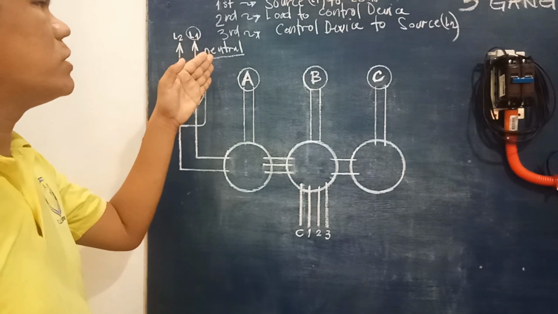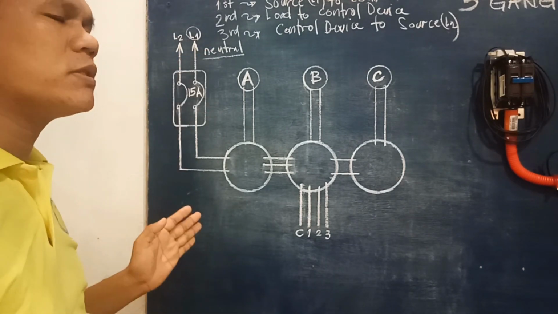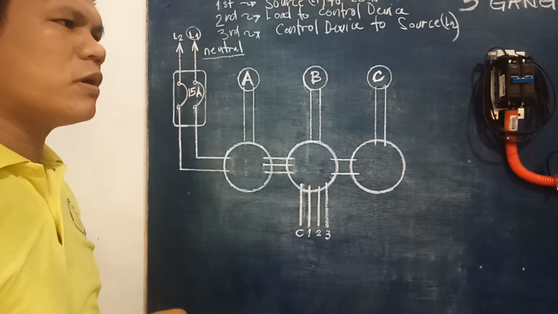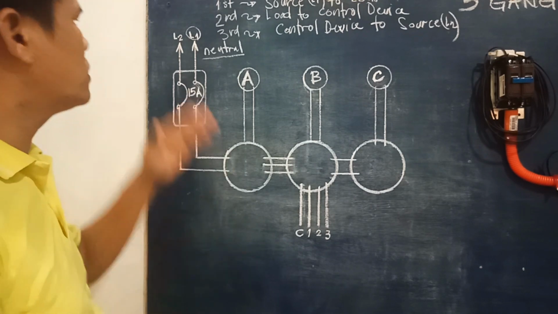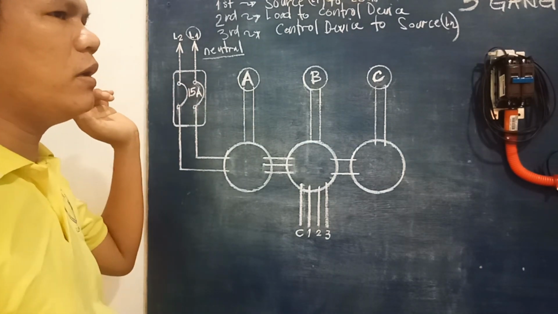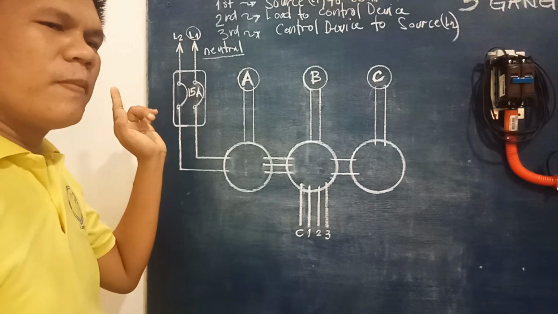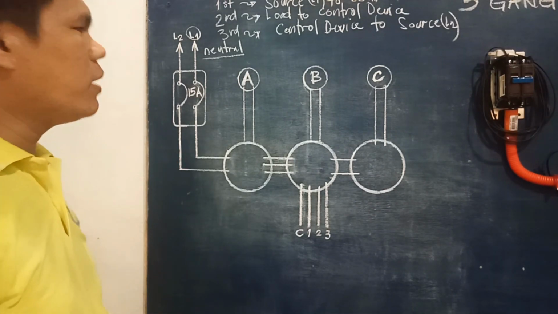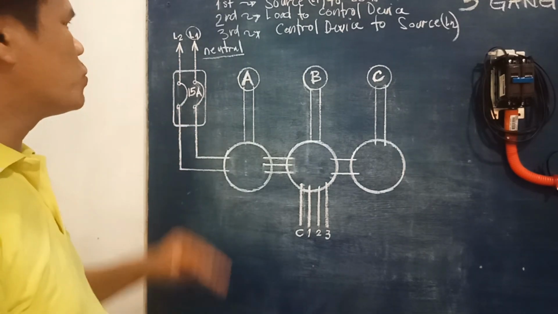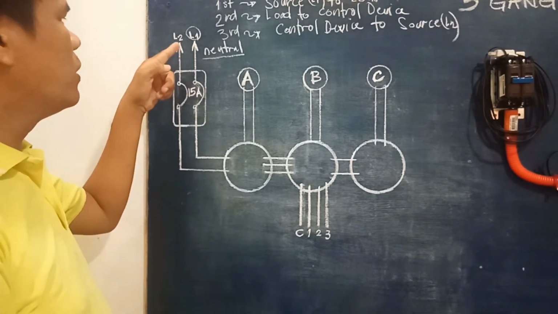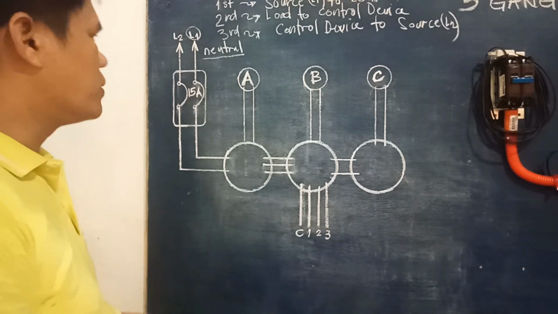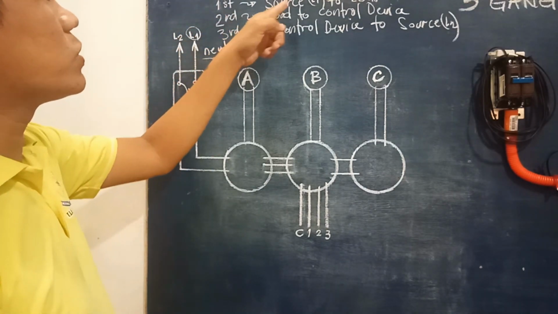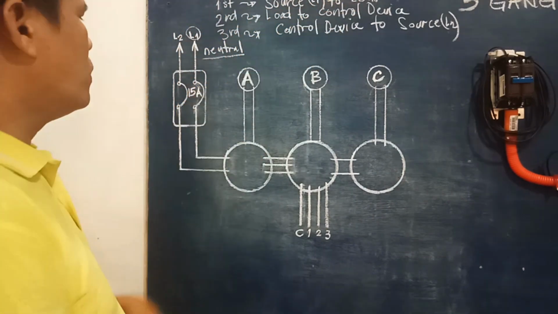Line 1 always neutral line in our discussions, because other theories or other instructors use line 2 as the hot line or the live wire, but here in our discussions we always use line 1 as our neutral line. So from line 1, which is the source line, going to the load of the circuit.